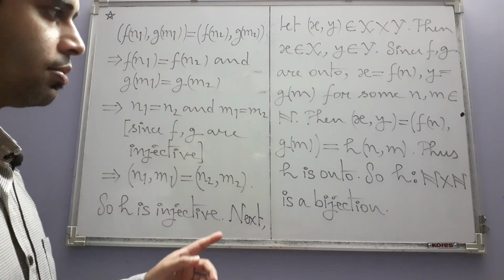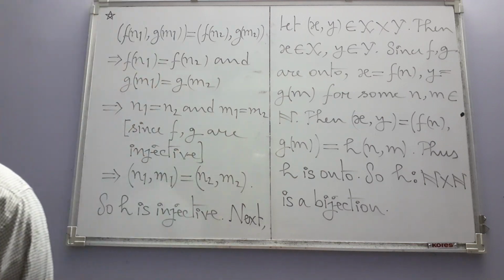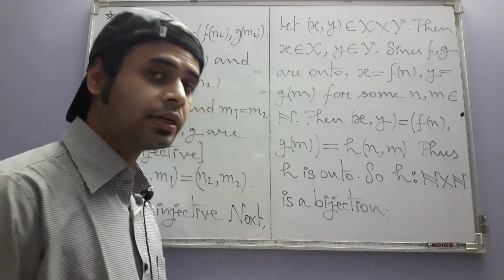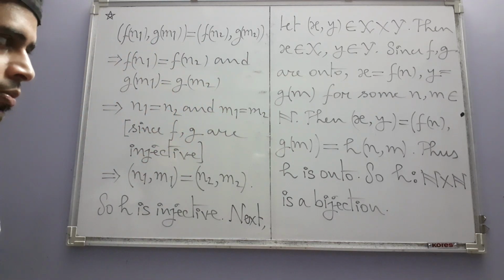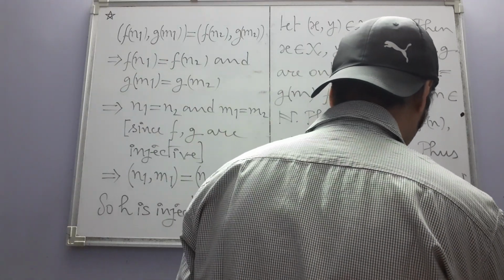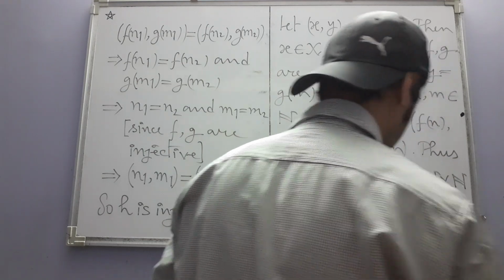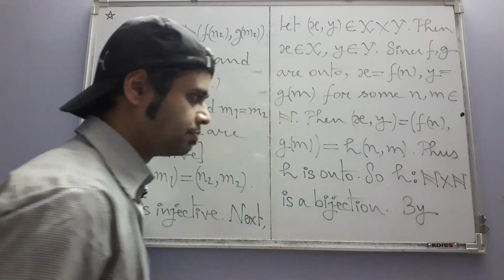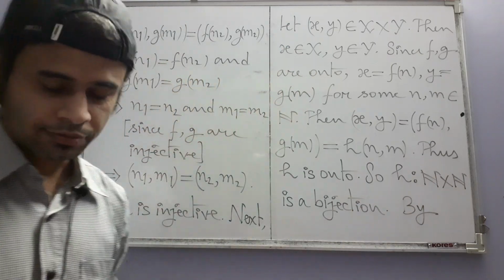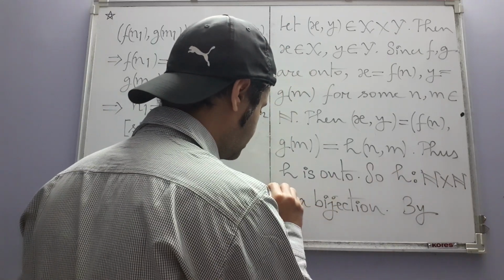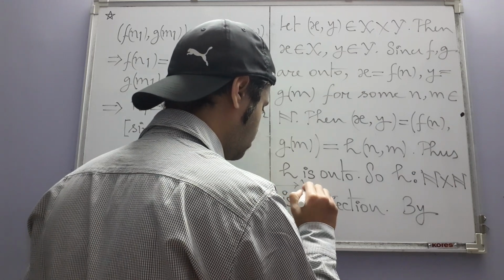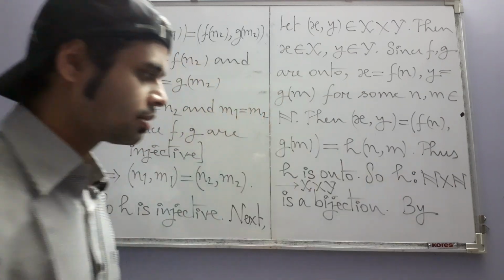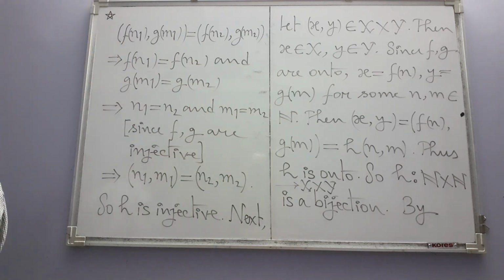Now we invoke this previous result, corollary 8.1.13. By that corollary, this is countable. Oh, what have I written? I did not complete this. This function H from N cross N to X cross Y is a bijection.